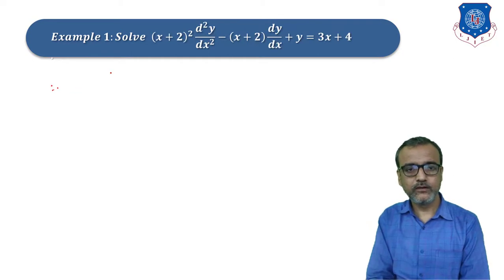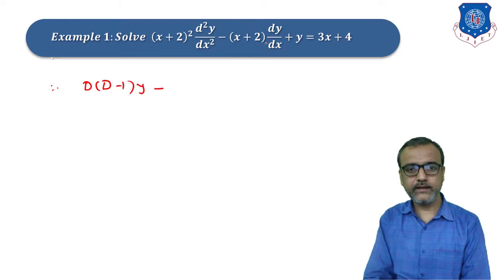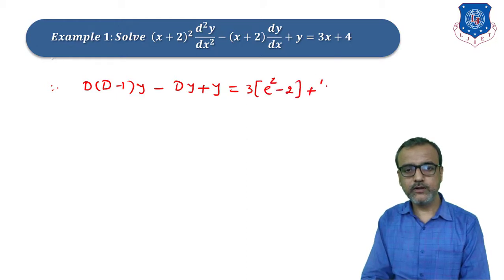Therefore (D minus 1) y minus Dy plus y equals 3 e raised to z minus 2, replacing x by e raised to z minus 2 plus 4.